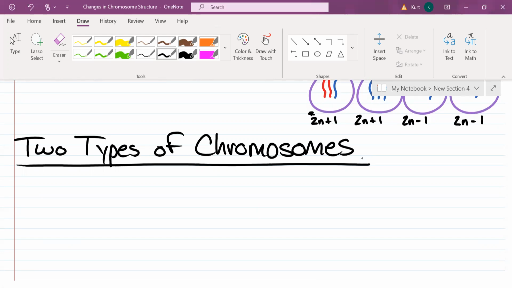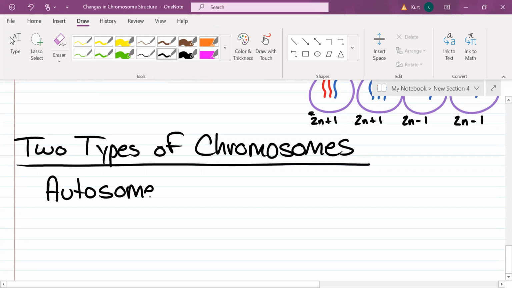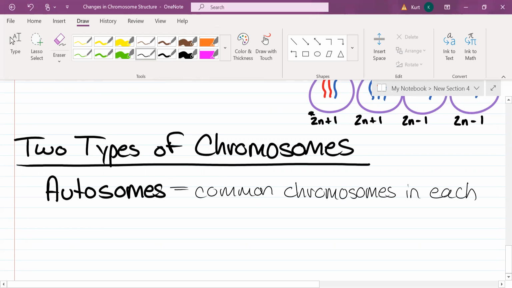Well, the chromosomes that build our bodies, everything that we have in common, our bones, our muscles, our organs, these chromosomes are called autosomes. They are common chromosomes in each gender.